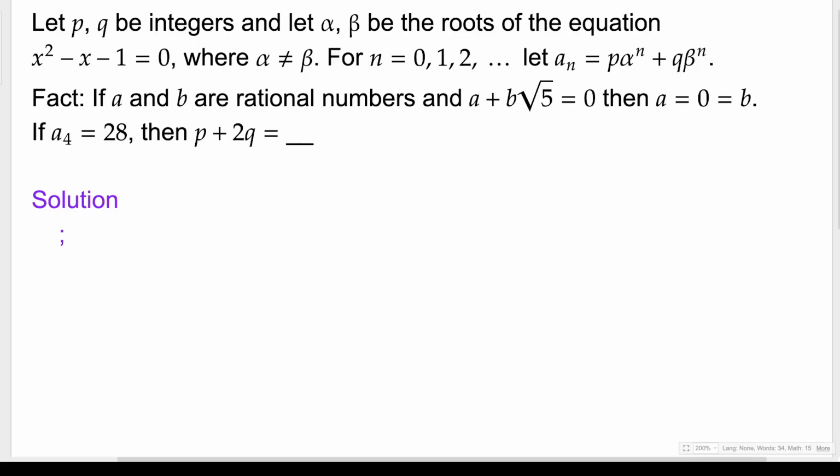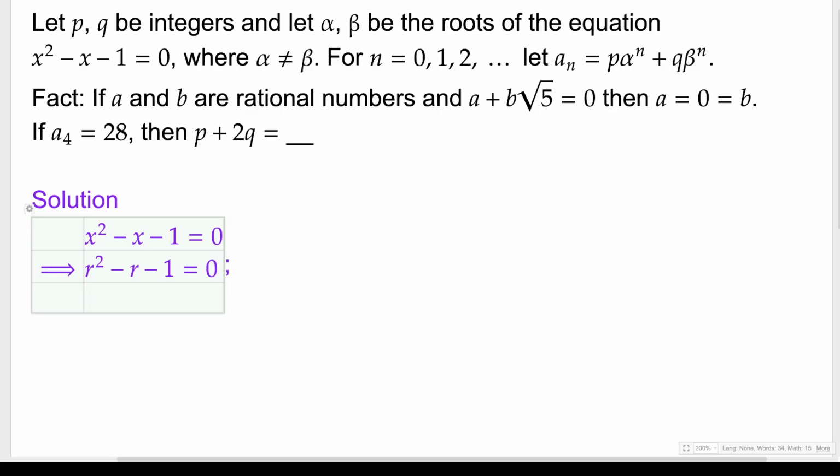Now let us proceed towards the solution. If you observe, this is the given equation to us. I'll substitute r for a moment, so this can be written as r square minus r minus 1 equal to 0. Now I will be multiplying r to the power n minus 2.